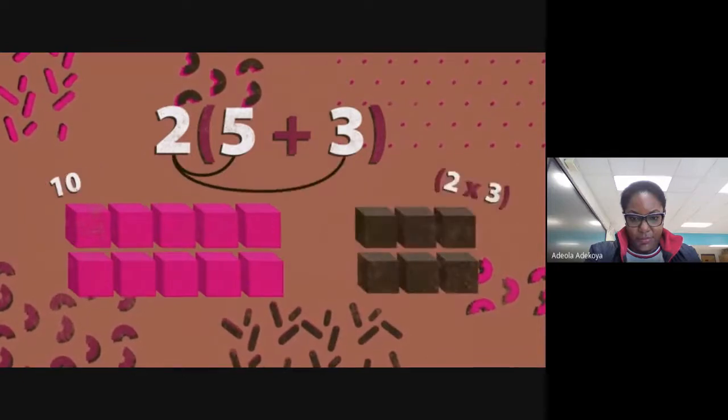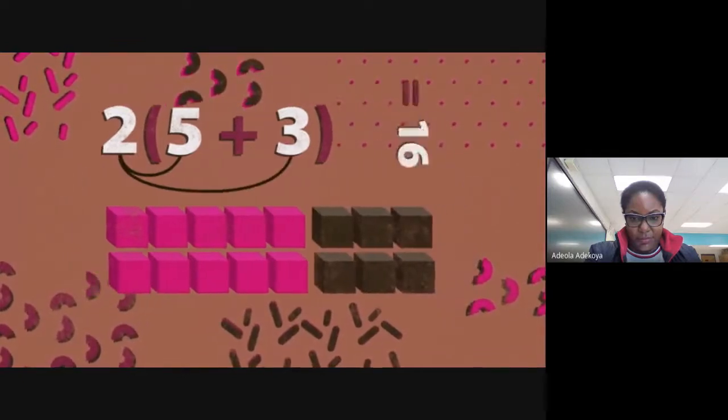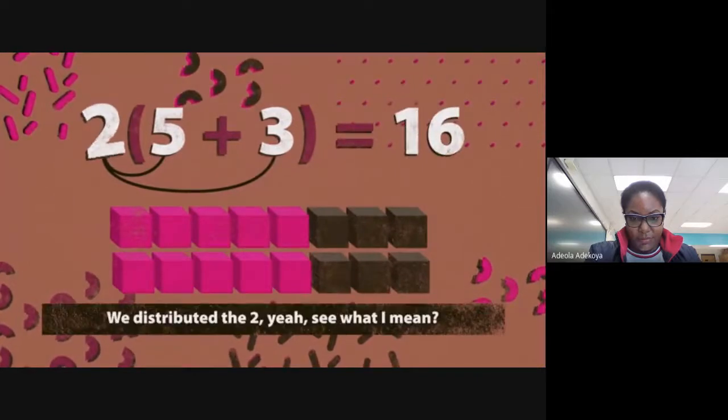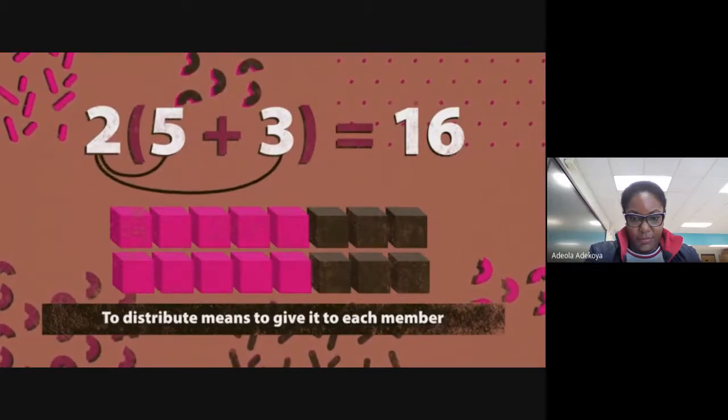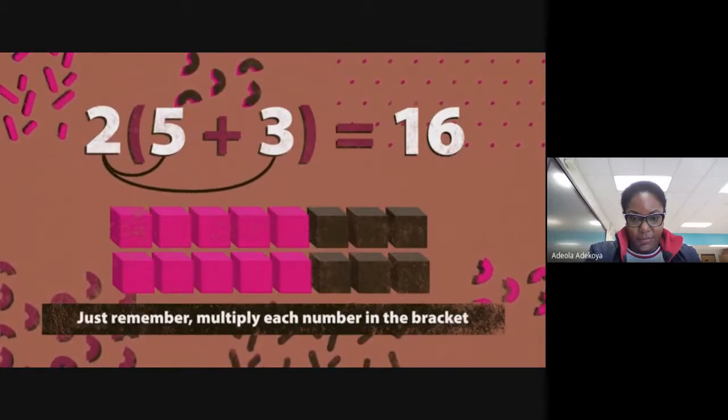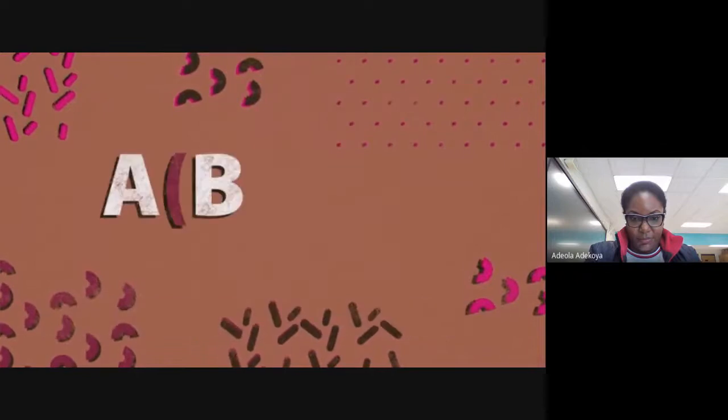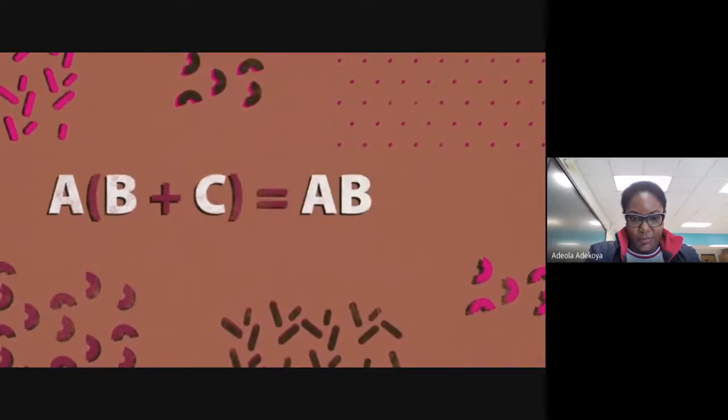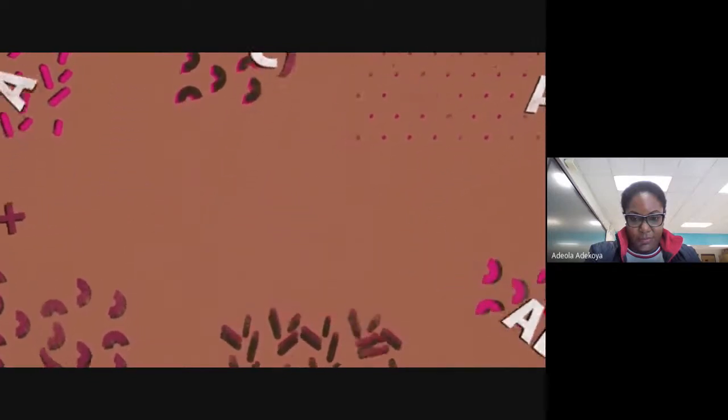Alright, you get 10 plus 6, and that's 16. We distributed the 2 here. See what I mean? Here's a nice hint to make it easy to remember. To distribute means to give it to each member. Just remember, multiply each number in the bracket by the number outside. Add them up, then you have it. 8 times B plus C equals 8 times B plus A times C. See?